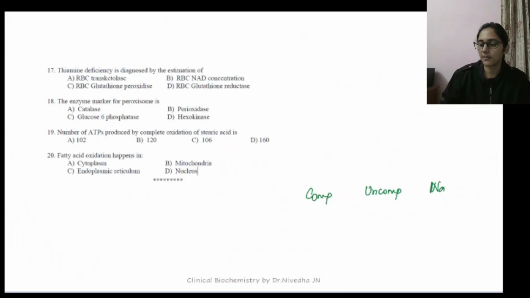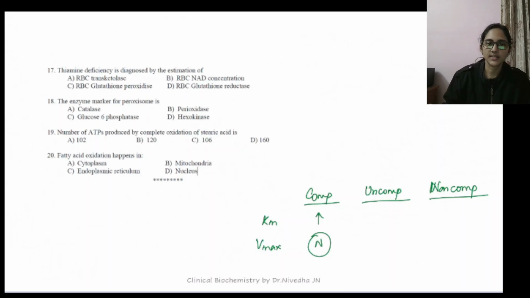Competitive is when the inhibitor is analogous to your substrate. You can increase the substrate concentration in case of competitive inhibition to make the Vmax constant. So your Km increases, Vmax remains constant.